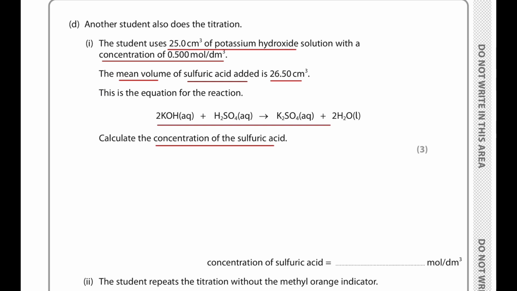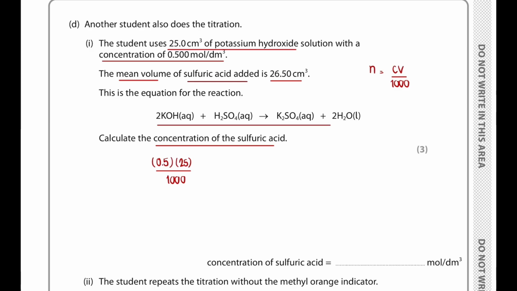So we have, according to the formula, moles equal concentration times volume divided by 1000. So we have the concentration of the potassium hydroxide equal to 0.5 times volume, which is 25, divided by 1000.